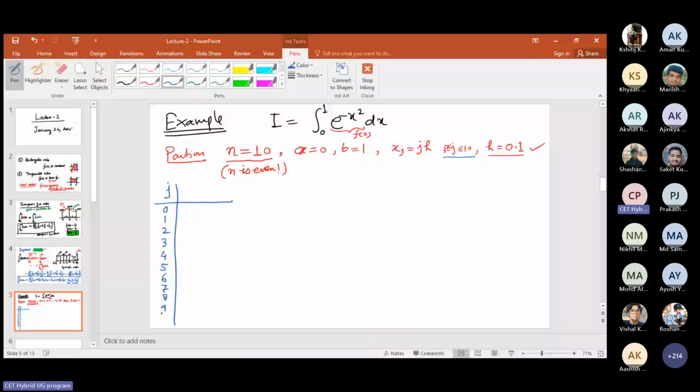Corresponding to each j, there is a value of xj, and that value of xj is given by the formula jh. Keep on substituting the value of j and h successively.